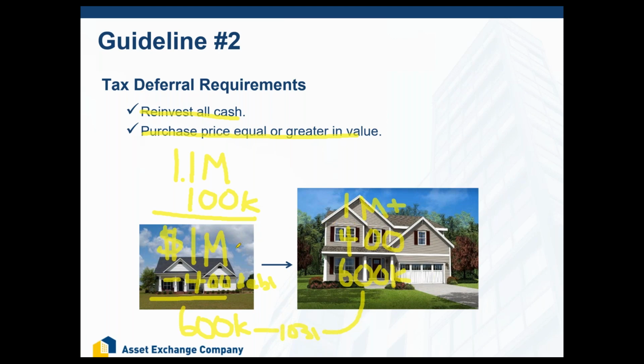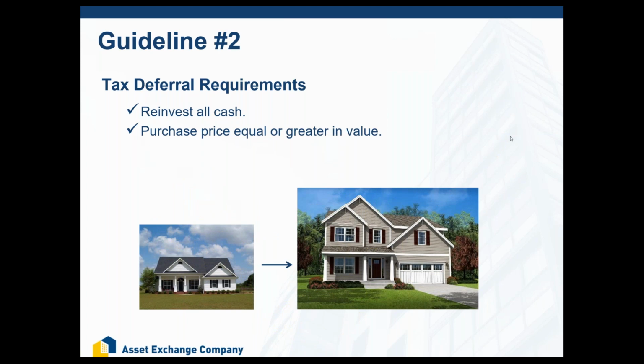So what you're doing is purchasing property equal or greater in value. You're moving all of your cash over, and you're replacing your debt with another loan or additional cash. And if you do those things, you don't pay any taxes.